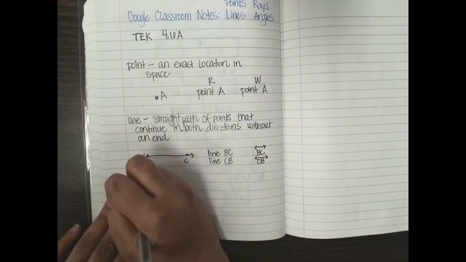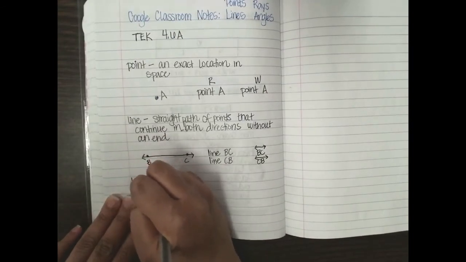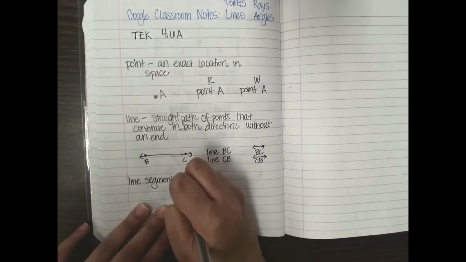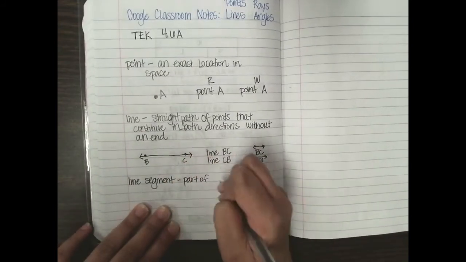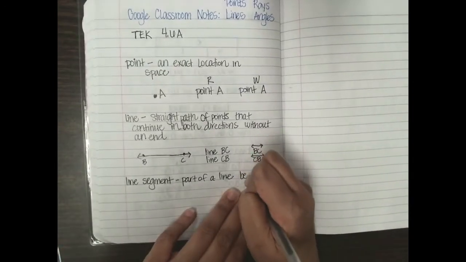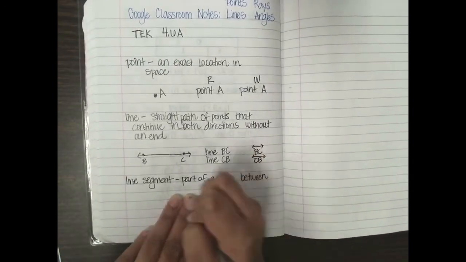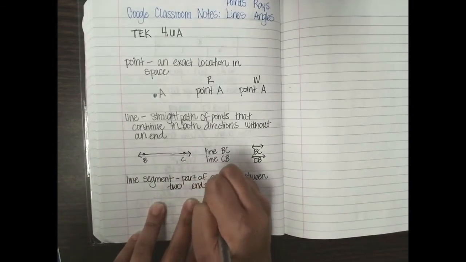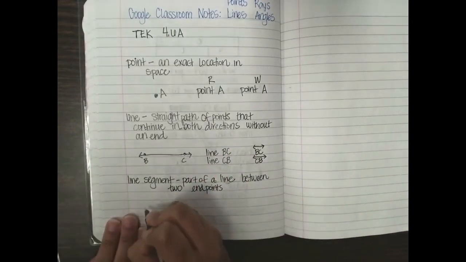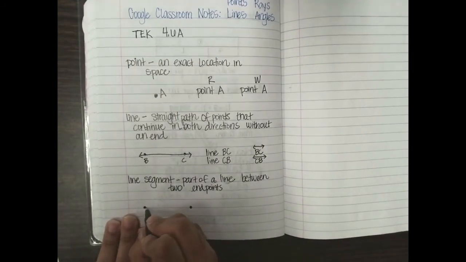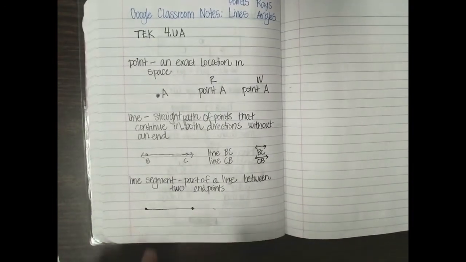Third thing is a line segment. Okay, a line segment is a part of a line between two endpoints. So in this situation, you have your points, but the line doesn't keep going. It means that's your stopping point.